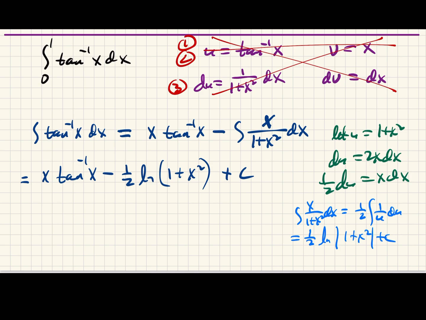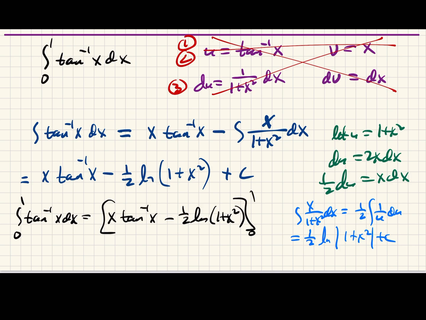Now, we had limits of integration, though, didn't we? So if we think about the thing that we actually started with, we had the integral from 0 to 1 of inverse tangent x dx. Okay, we know that to be x inverse tangent x minus 1/2 natural log of 1 plus x squared, evaluated from 0 to 1.